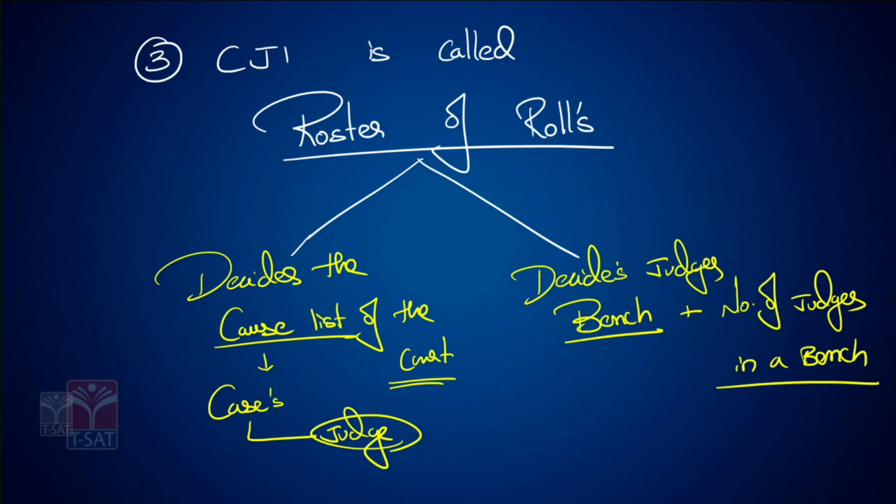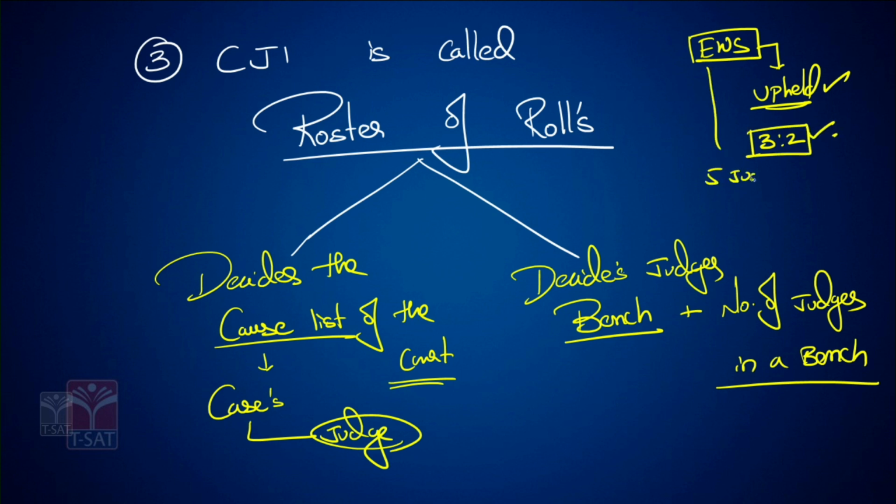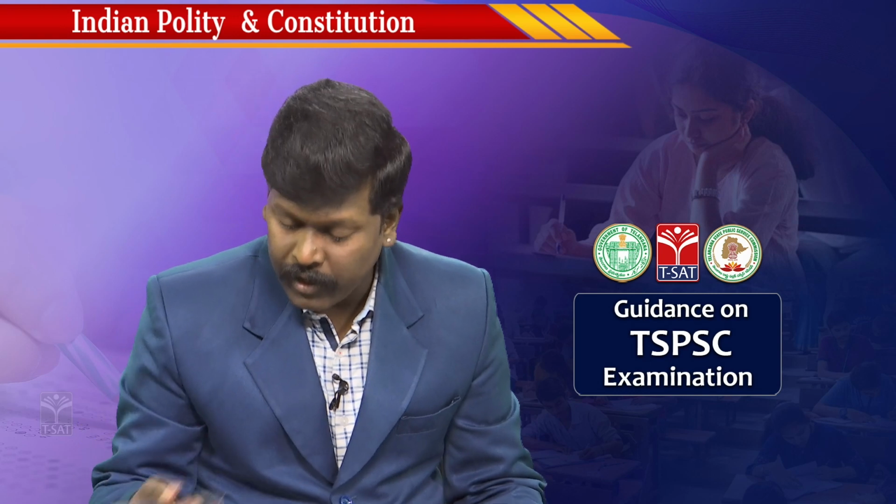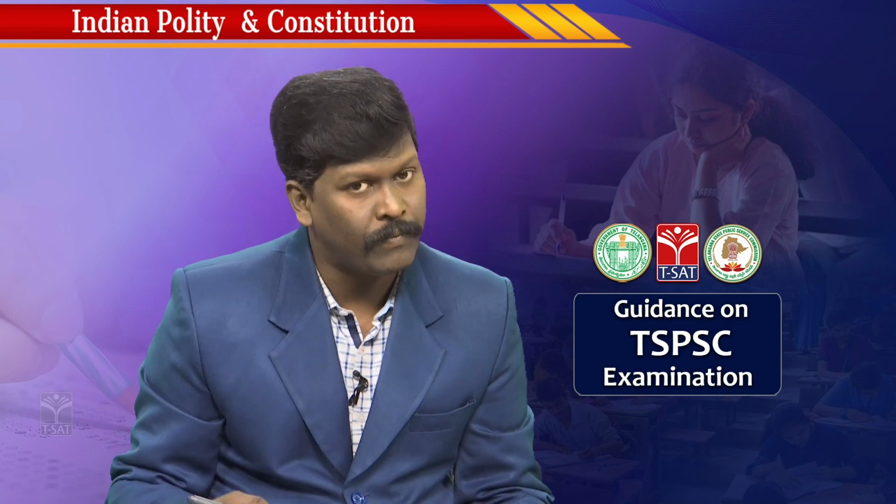You hear in the news that recently the Supreme Court upheld the economically weaker section reservation with a 3:2 majority, meaning there is a 5 judges bench where 3 judges said yes and 2 judges said no. In a similar way, you should understand what is the meaning of a judges bench.